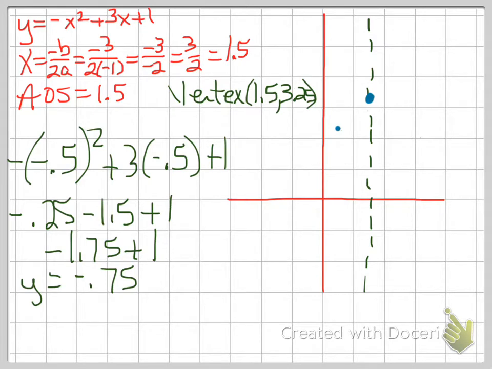So at negative 0.5, we're at negative 0.75, right about there.